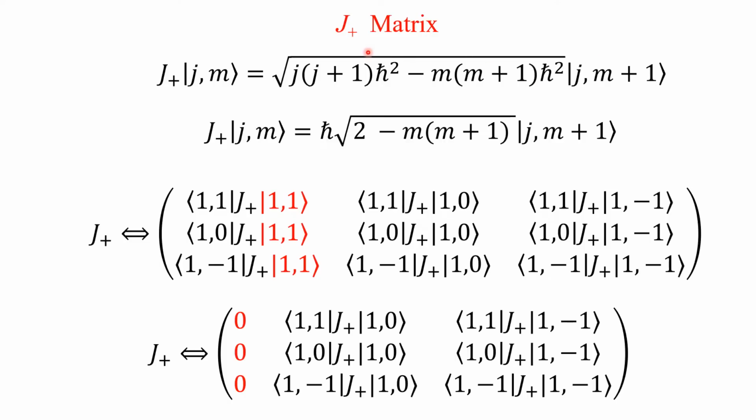This we have designated as the Clebsch-Gordan coefficient. And here I would like to highlight two important points. When the J plus operator acts on this ket vector |j m>, it raises the state m by 1. That is, m will become m plus 1. It will not change the state of j. That is one important point.